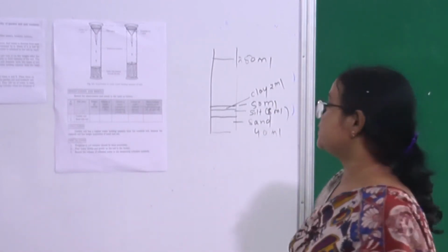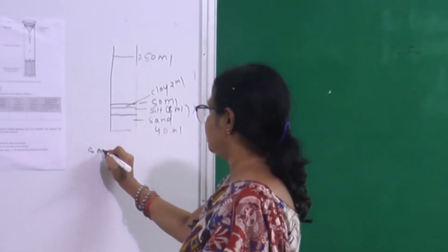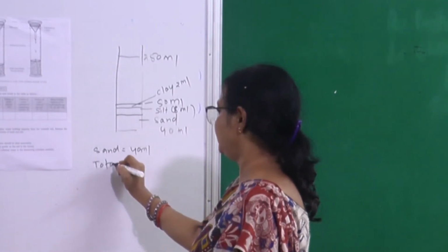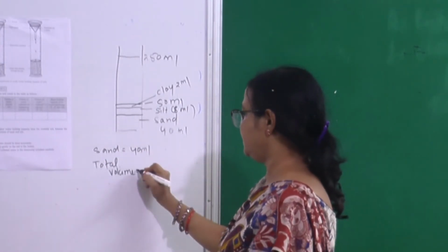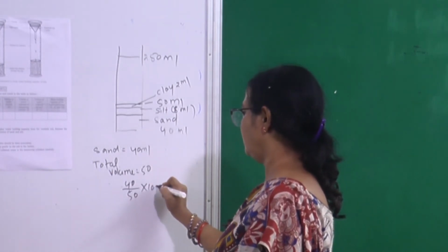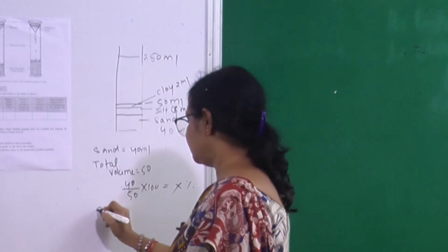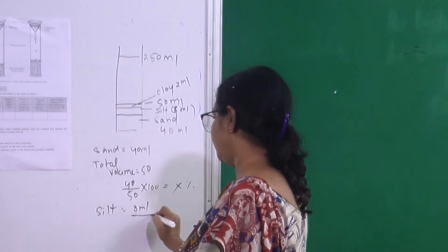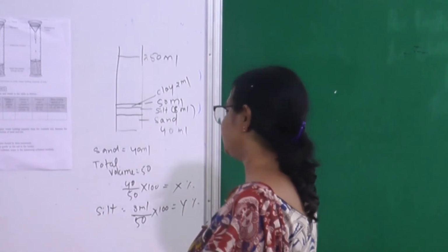So how will you find out the type of soil? You have to find out the percentage. Sand occupies 40 milliliter and the total volume is 50, so the percentage of sand is 40 divided by 50 into 100, suppose X. Similarly, silt is 8 milliliter, so 8 divided by 50 into 100 gives Y, the silt percentage.